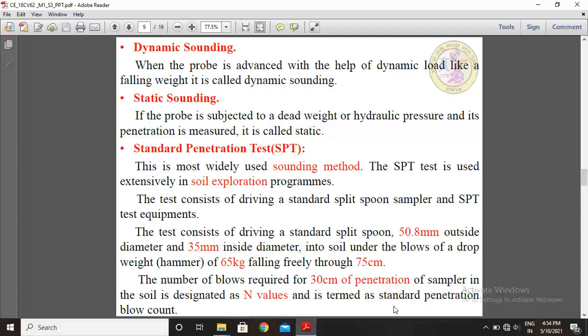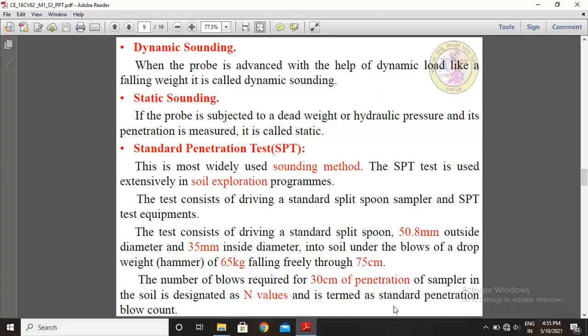The test consists of driving a standard split spoon sampler, 50.8 mm outside diameter and 35 mm inside diameter, into soil under the blow of a drop weight of 65 kg falling freely through 75 centimeters.